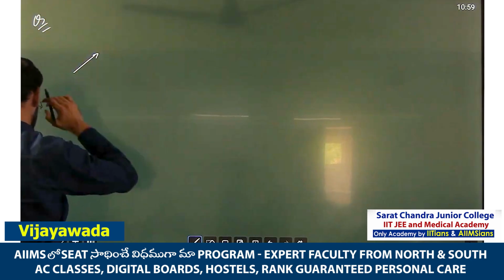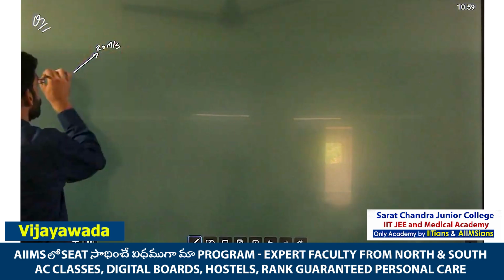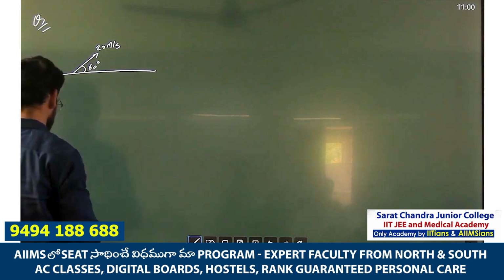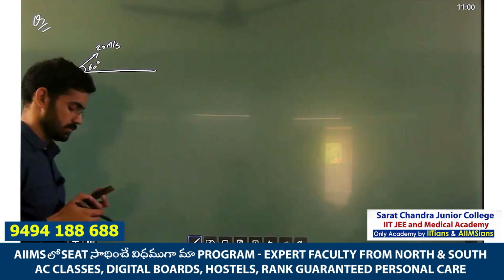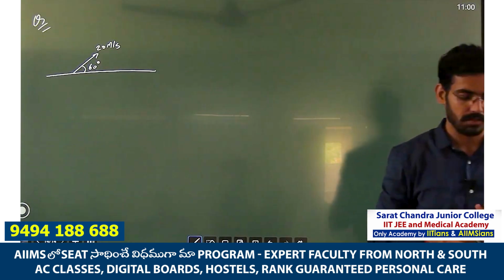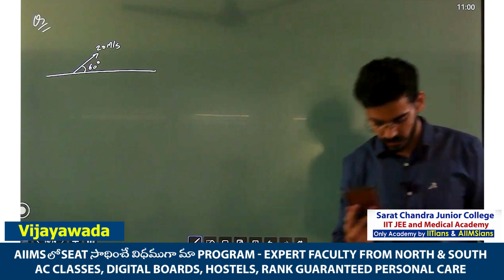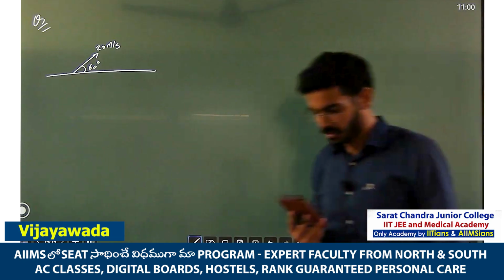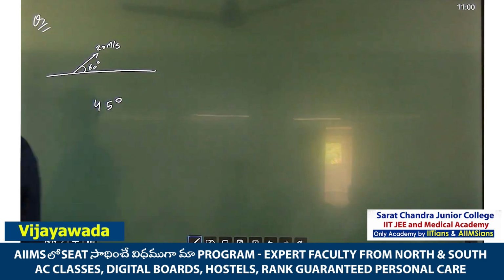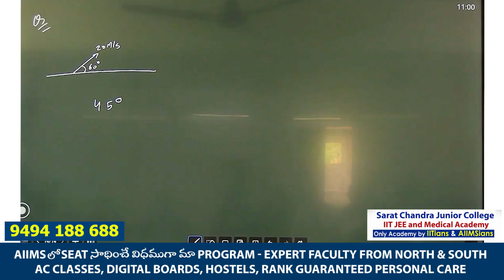A particle is projected with 20 meter per second at an angle of 60 degrees. Find the time after which the velocity makes an angle of 45 degrees with the horizontal. Root 3. See here.